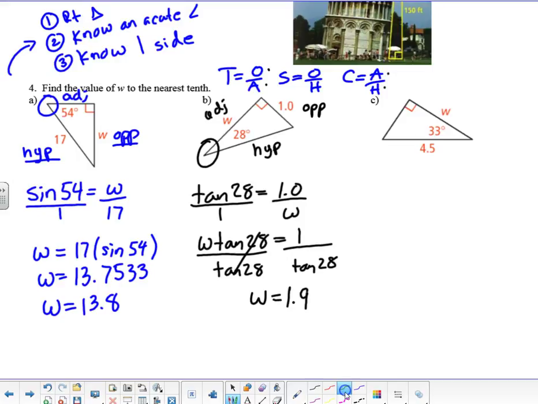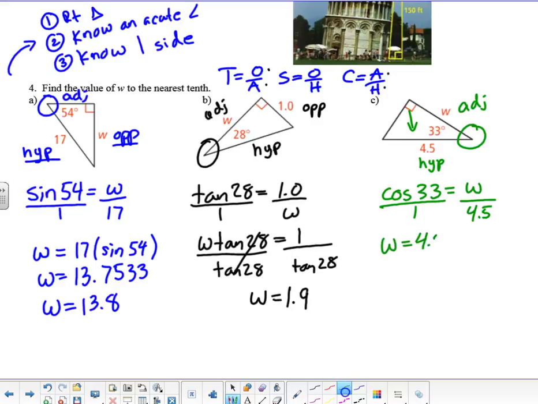All right, one more. Let's get a new color. Green. This is our hypotenuse. Circle our angle. This is our adjacent side. The other is opposite. Now it's adjacent and hypotenuse. This is cosine. So the cosine of 33 equals the adjacent over the hypotenuse. This is just a one-step multiply.